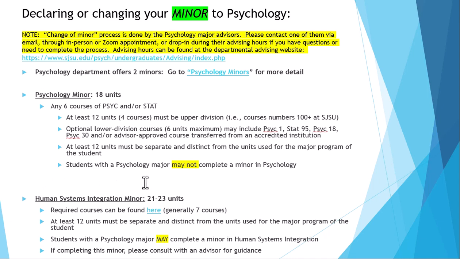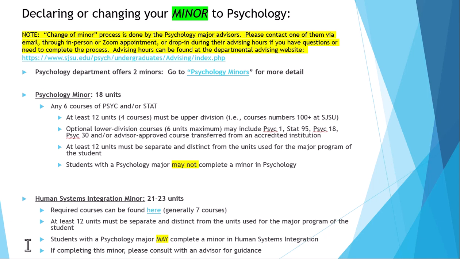This minor is generally 7 courses. You can find all of the required courses for the minor at the psychology department website. Here I've included a link to take you to that information as well. Now, what's interesting about this minor is that if you are a psych major, you can complete a minor in human systems integration.